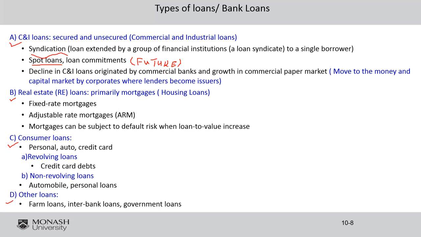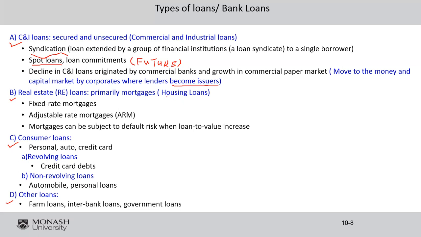And we have seen a decline in this category, which is the commercial and industrial loans. The reason is that those huge corporations, instead of going to the financial institutions and taking loans, can go to the market. They can issue bonds and stocks, and they can also issue what we call money market products like CDs and commercial papers, and they can become issuers and borrow from the market.